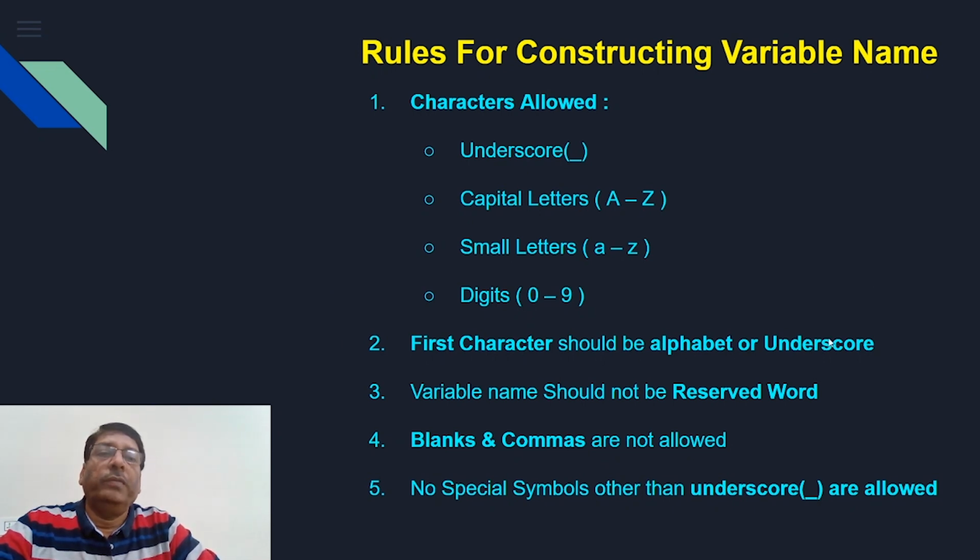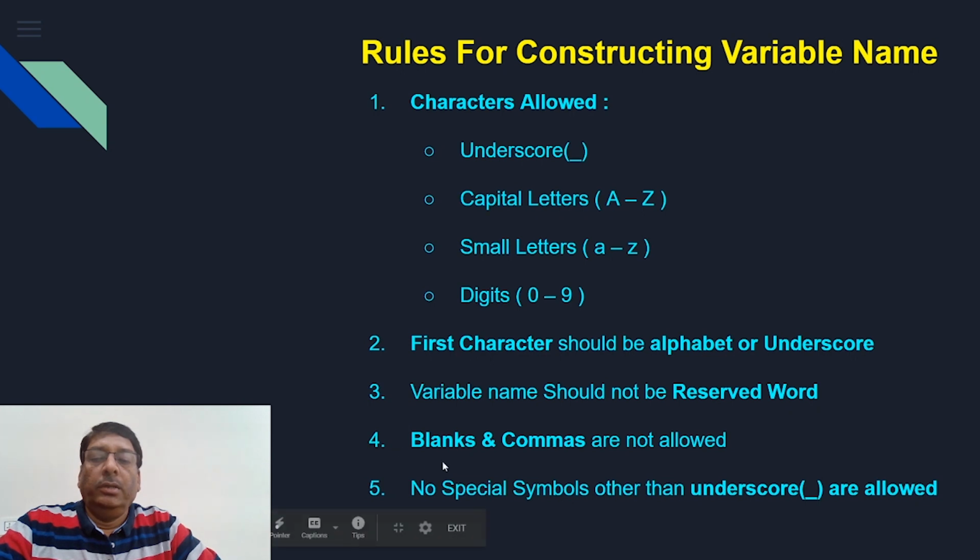Whenever you are writing a variable name, we need to see that our first character should be an alphabet, or it can be an underscore. It cannot be a digit, and so on. The third rule says the variable name should not be a reserved word, which your C language makes use of, like print, scan, and so on.